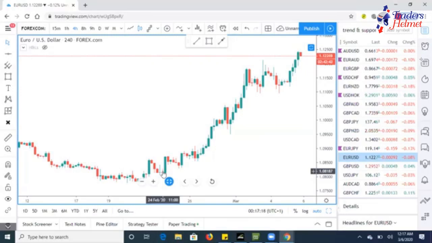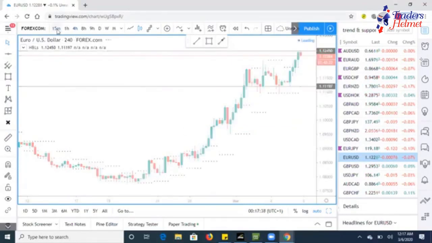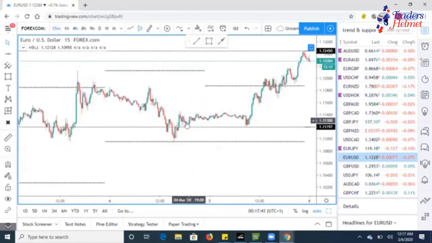So that's the concept of how price behaves. Now we'll be streamlining it to yesterday's high and low. I'll be adding an indicator here on TradingView called the high and low indicator. It works best if you go to the 15 minutes.